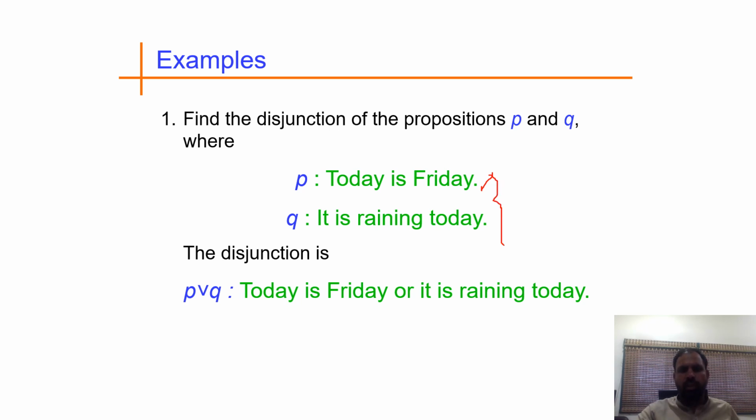In P and Q we use today is Friday and it is raining day. But in disjunction we use today is Friday or it is raining day. Meaning to say it depends on the possibilities. It may be it is Friday or it's raining day. If one of them is true, then this value will be true.